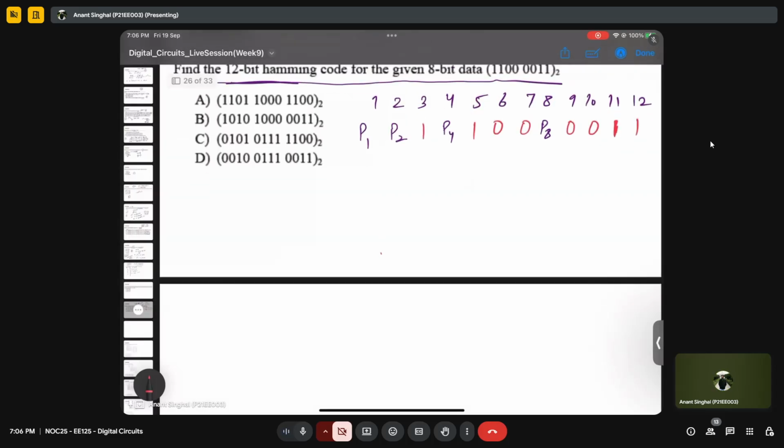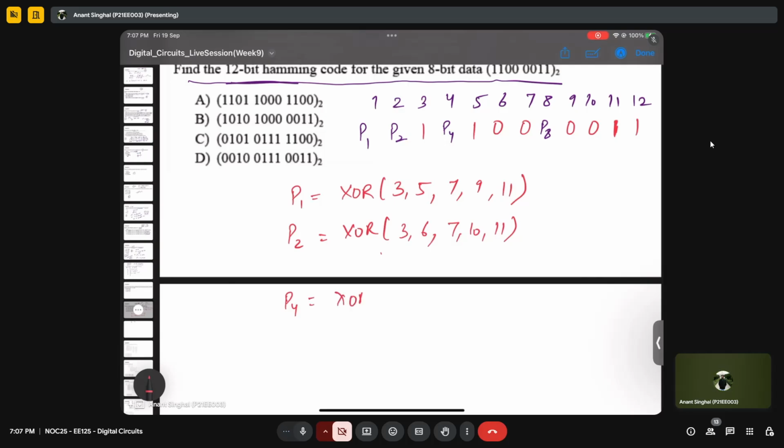To calculate the parity bits, we have a formula. For P1 it is the XOR of bits 3, 5, 7, 9, 11. For P2 it is the XOR of 3, 6, 7, 10, 11. For P4 it's 5, 6, 7, 12.